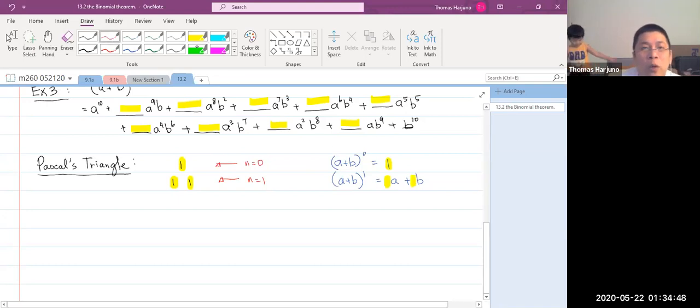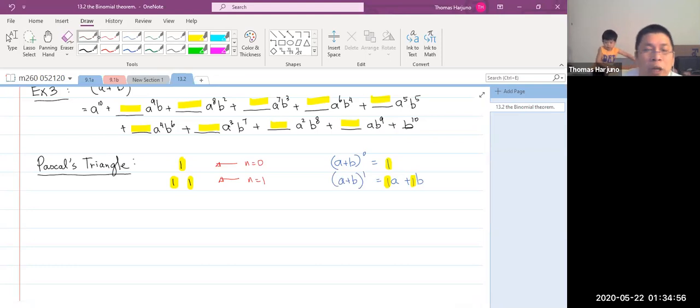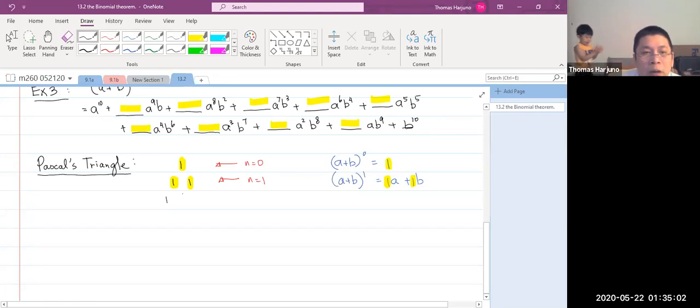Invisible coefficient 1. Is it okay? Now, for Pascal's triangle, we can actually extend it in the following way. We will always start from 1, and then the next part is the sum of these two guys here, and ends with 1.